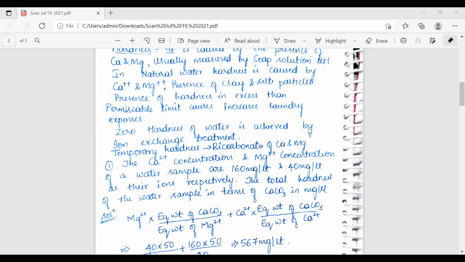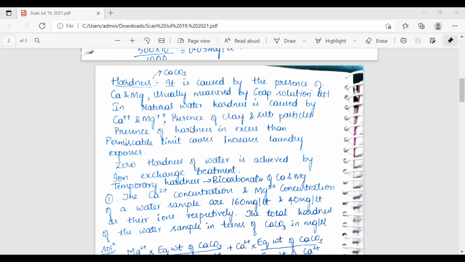So zero hardness of water is achieved by ion exchange treatment. This hardness is caused due to the presence of clay and silt particles. Presence of hardness in excess of the permissible limit causes increased laundry expenses. So this is called hardness.